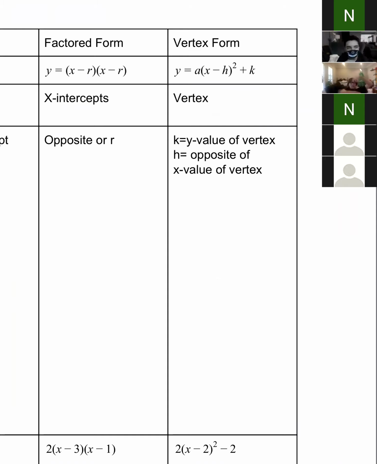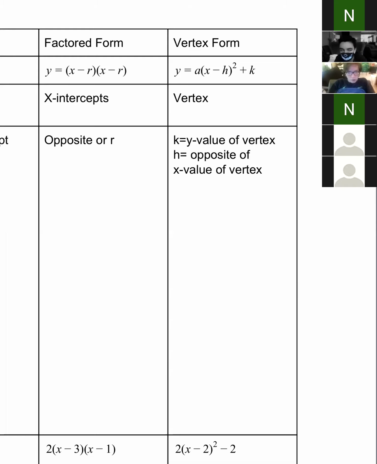Do you guys remember what the vertex of your graph is? The y value is the vertex. It's like the bottom, like the peak of. Yes, it's either the bottom of the U or the top of the U is your vertex.